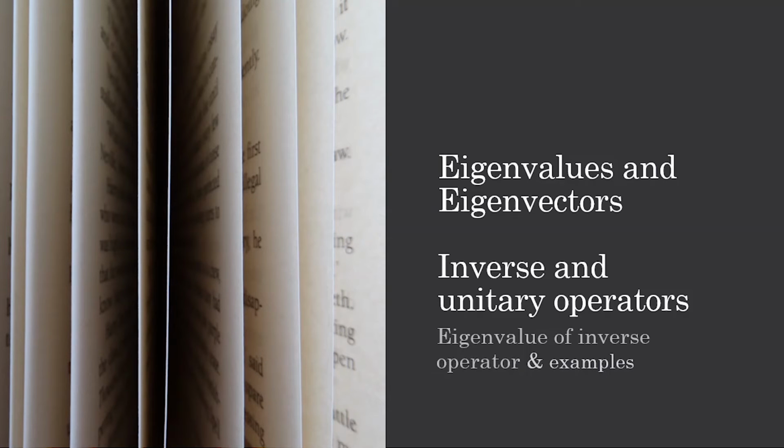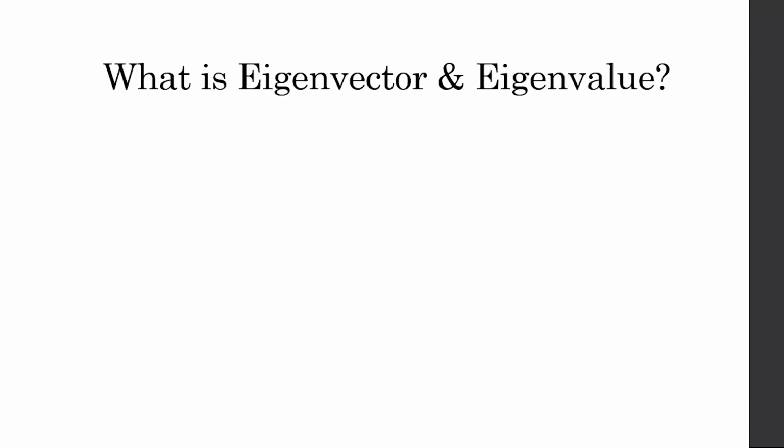Starting with our first topic, what is eigenvector and eigenvalue? Eigenvector and eigenvalue are always of operators. Let's assume that we have any state vector psi.